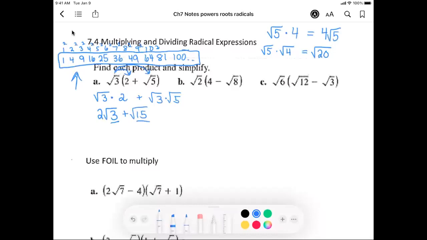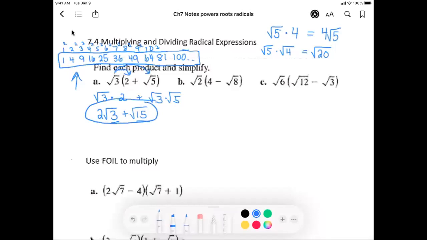But 3 only has 2 factors, 1 and 3, and 15 only has 4 factors, 1, 15, 3, and 5. None of those numbers are perfect squares that will help simplify. Like 1 actually is a perfect square, but it won't simplify it. So the answer would just be 2 square root of 3 plus the square root of 15. That would be the final answer for this one. There's nothing else you can do with that.